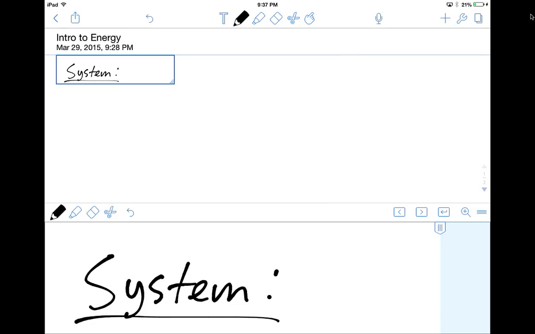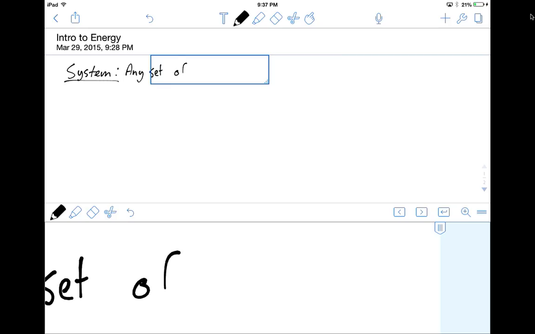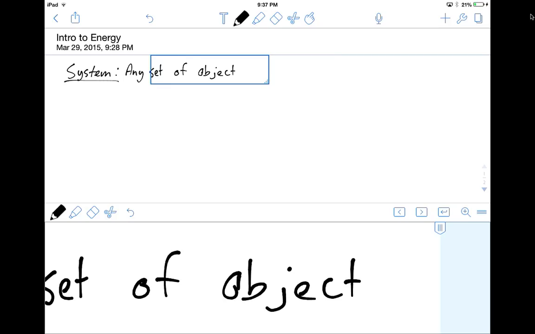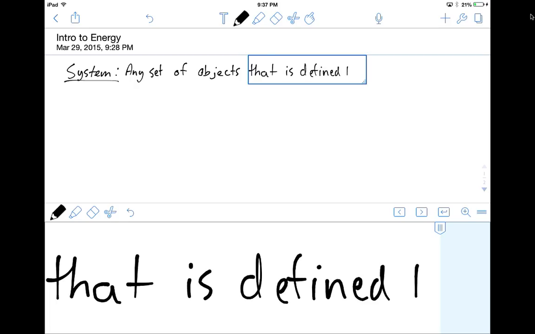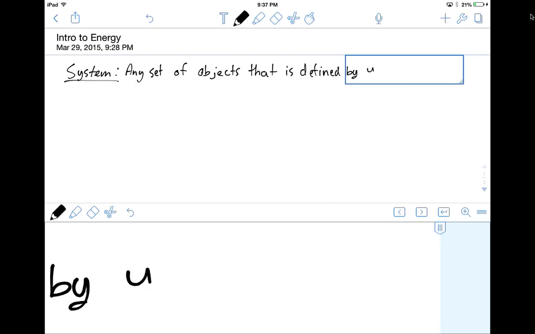A system is any set of objects that is defined by you.